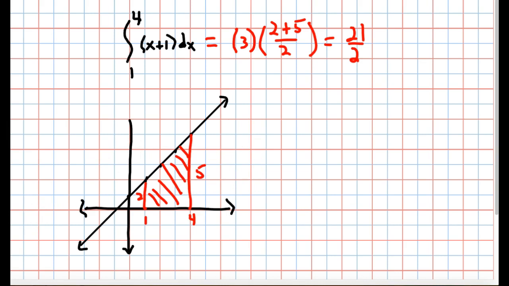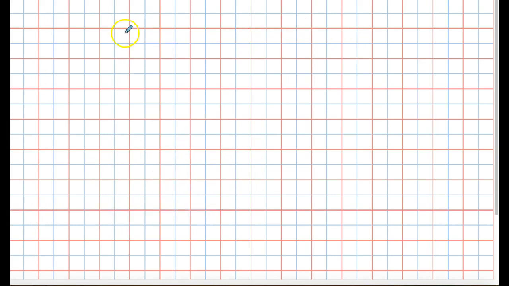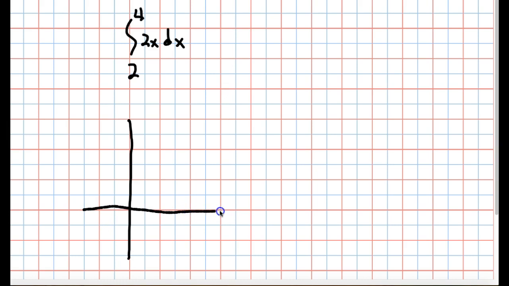So, you guys try one here. Let's see. Evaluate the area from 2 to 4 of 2x dx. Alright, so let's graph this here. This is a line with a slope of 2 and a y-intercept of 0, so we're starting here and going up by 2.